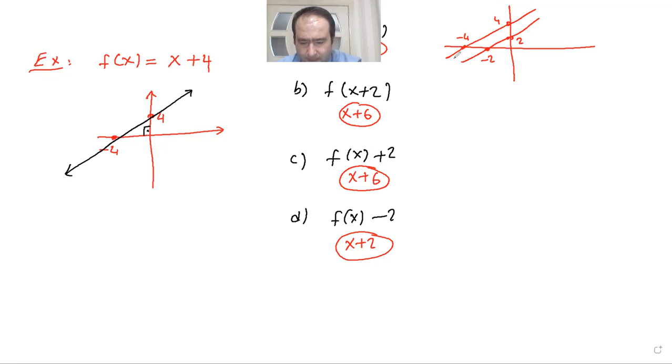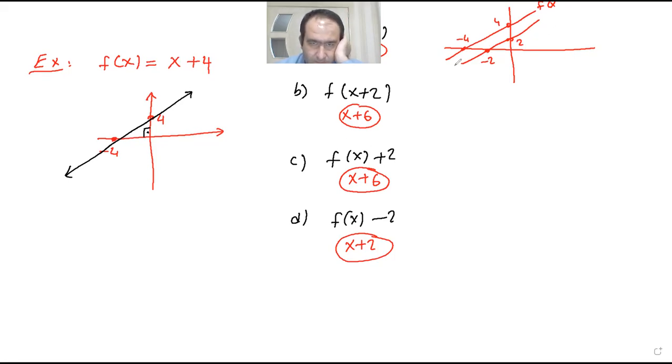So its original graph to the right 2 units, okay? We must shift the original graph to the right.